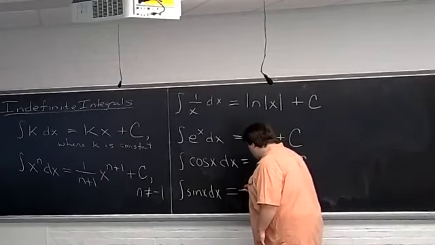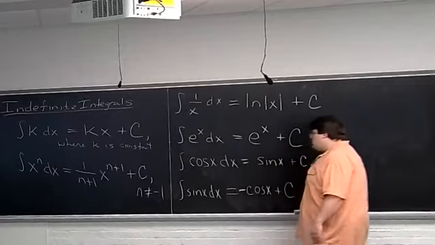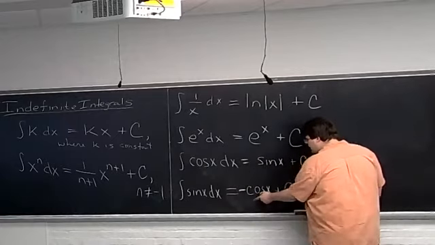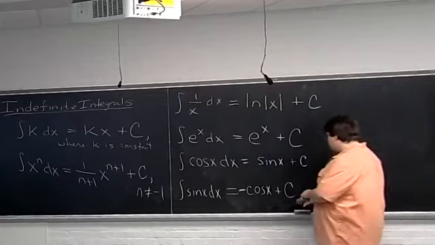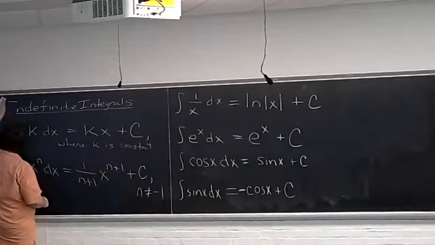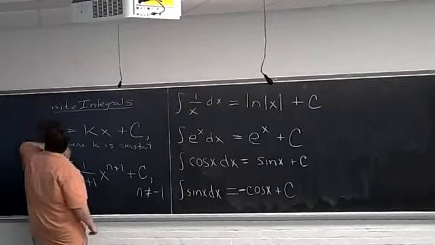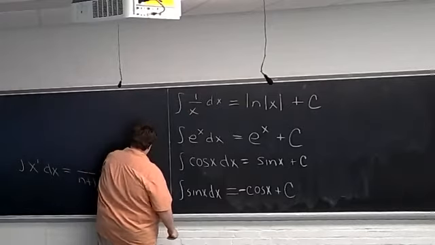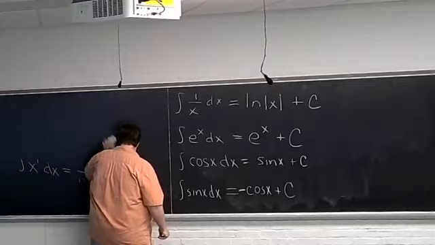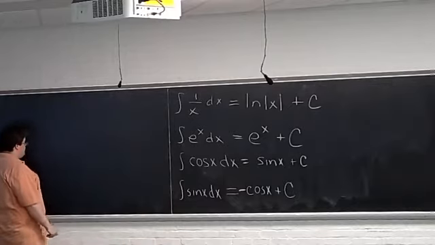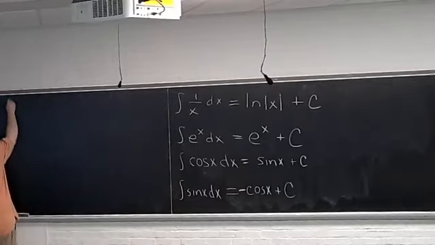So what's written isn't going to work. But if we throw a negative on there, the derivative of negative cosine of x is negative negative sine of x, which is positive sine of x. And then we have the rules for the other trig functions.